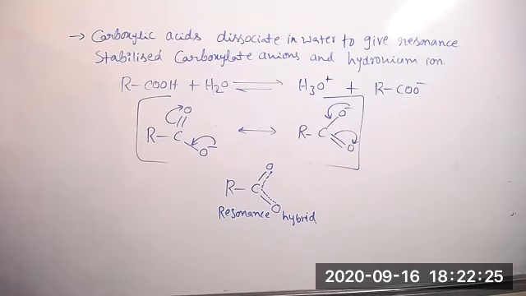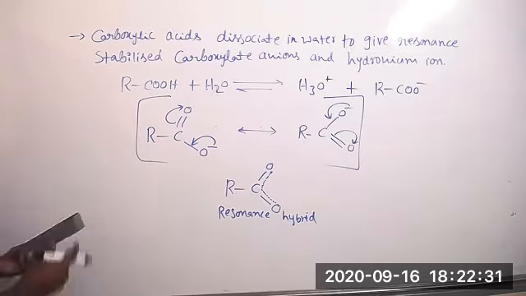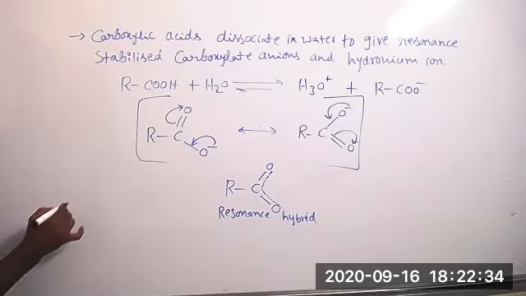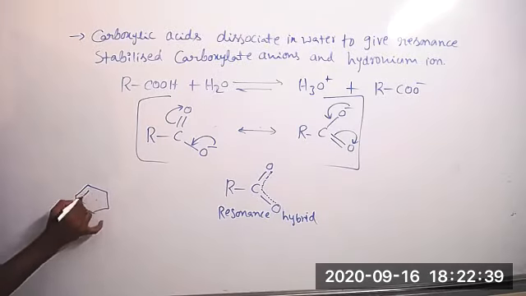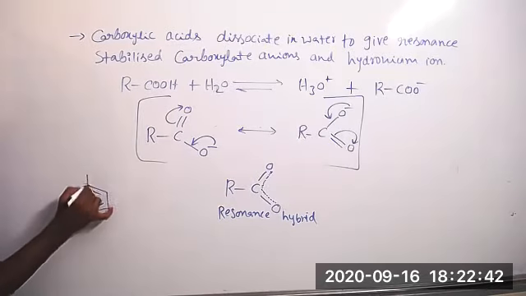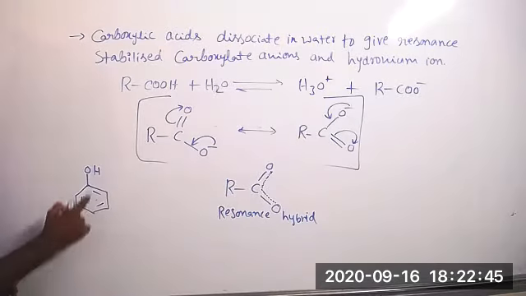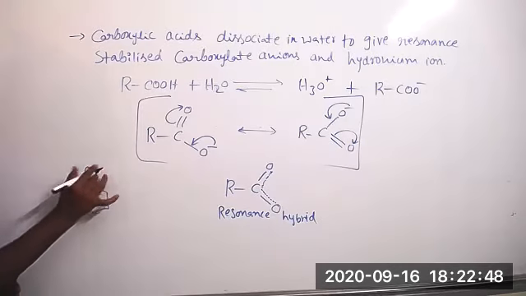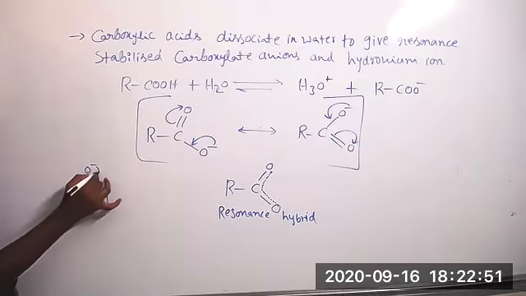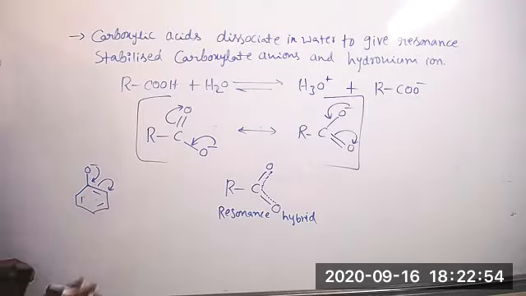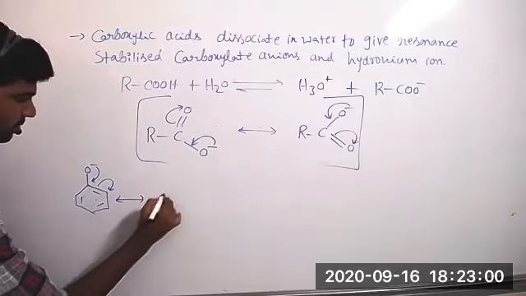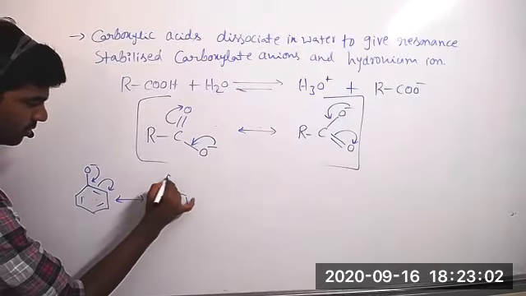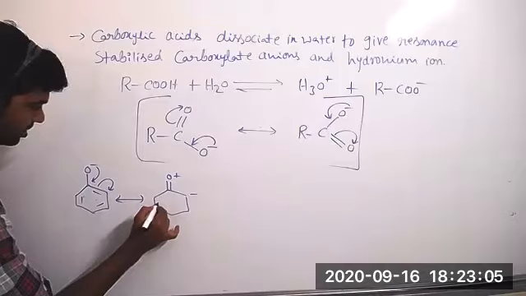Okay, now a small explanation of why carboxylic acids are more acidic than phenols. Don't write, just listen. Phenol, if it loses H plus, forms the phenoxide ion. This phenoxide ion undergoes resonance. Resonance stabilized structures are given, with double bond, O plus, here minus, pi bonds.